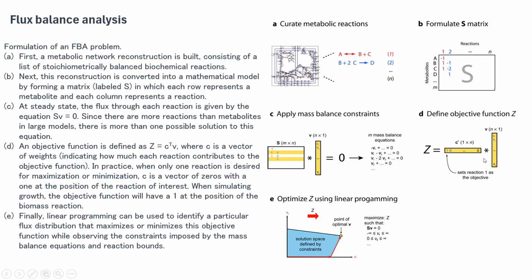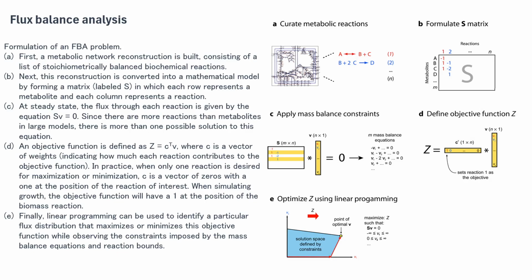You apply the constraints and try to optimize Z using LPP and find the point depending on your constraints. Depending on your objective function, you can either maximize or minimize it. In this case, they are trying to maximize it, so this point will be your optimal solution.